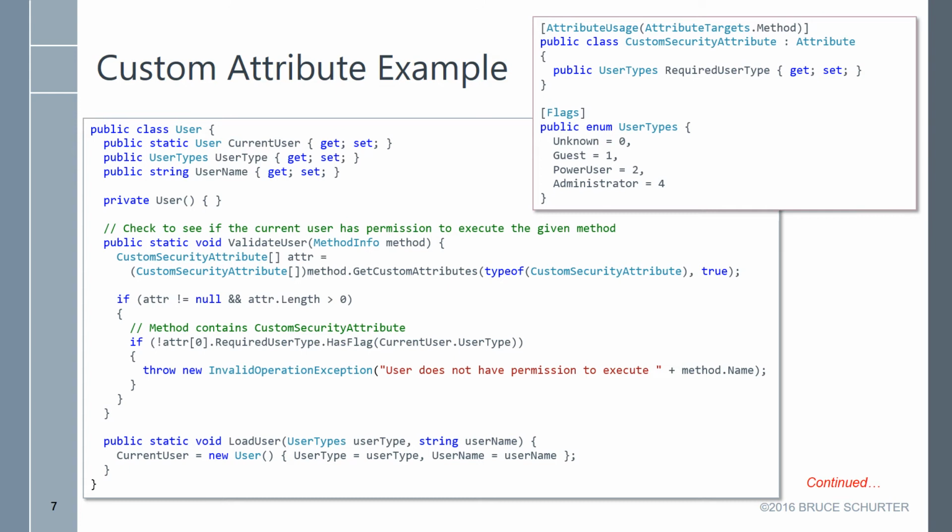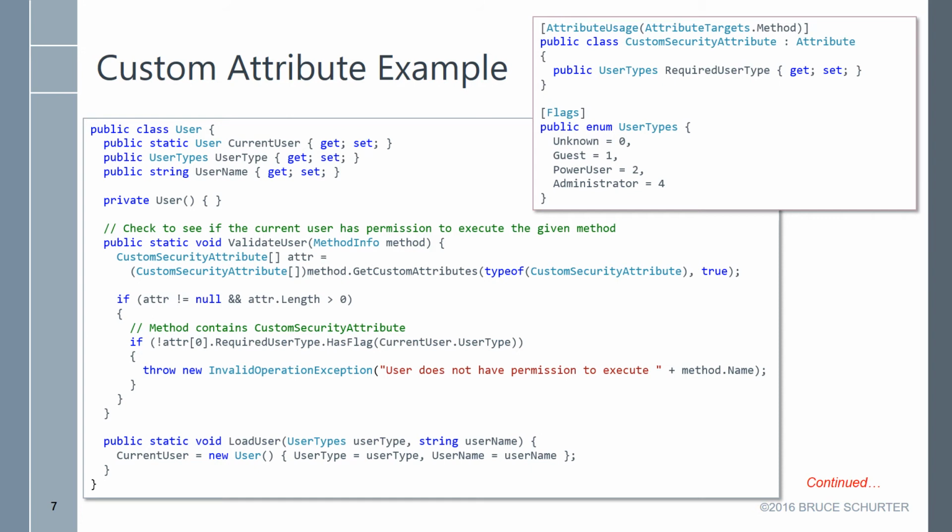So within the validate user method, we are passing a method info object to this particular method, and we're going to check to see if the method passed in has a custom security attribute applied to it. So the first thing we're going to do is create an array of custom security attributes, and we set it equal to the method info passed in dot GetCustomAttributes, typeof custom security attribute, and true.